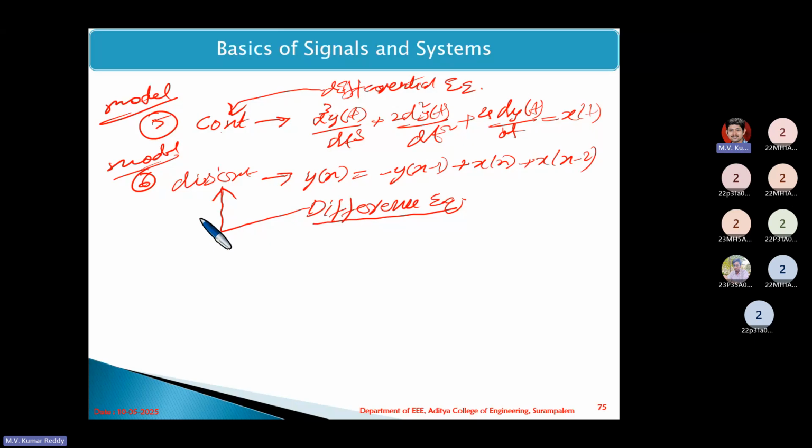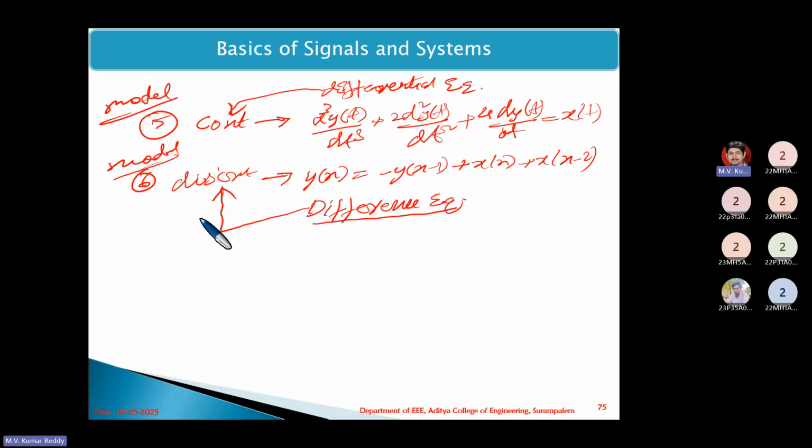This concept is present in each and every unit. So tomorrow evening we discuss model numbers 5, 6, 7. Today's class is up to model number 5 only.